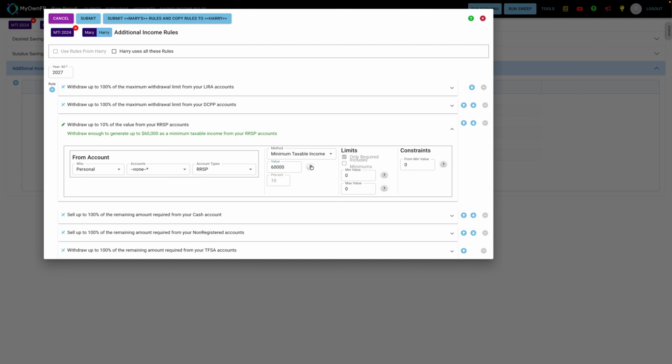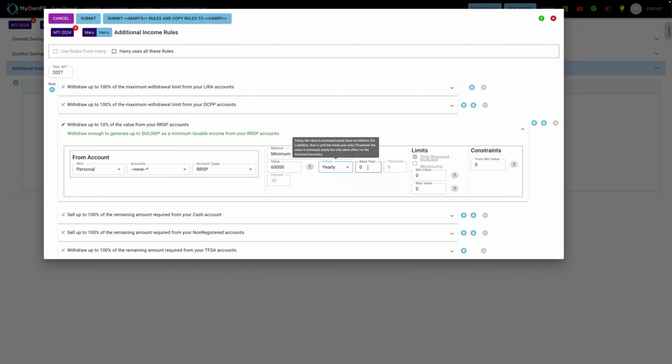And we're going to inflate that yearly based on 2024. So starting in 2024, we're going to try to get to a minimum taxable income. If our gross account already had $60,000, then we won't take any money out of here. If it was at $58,000 and we needed $2,000, then we'll take $2,000.